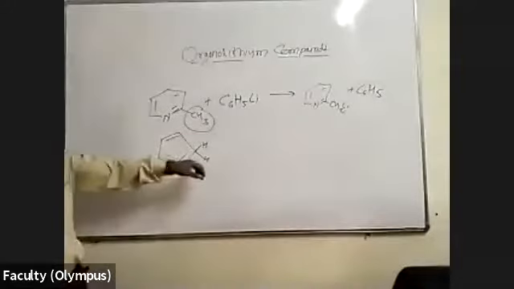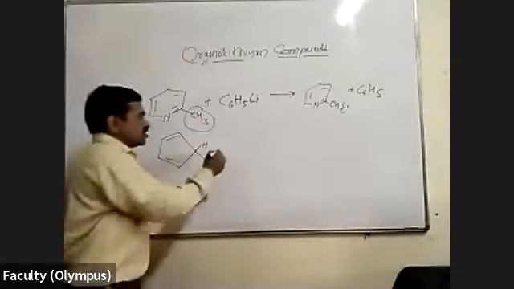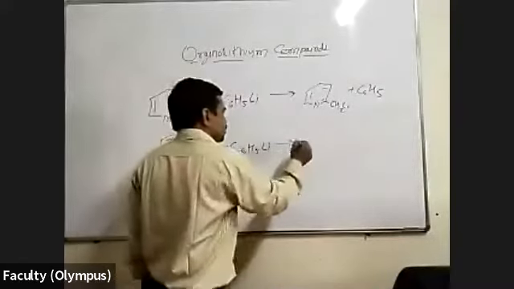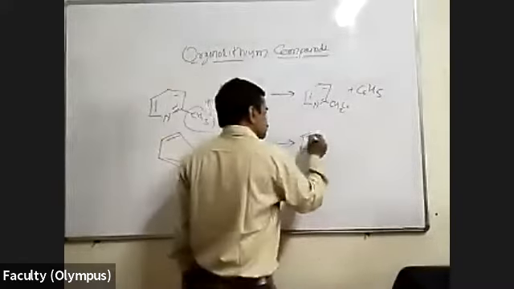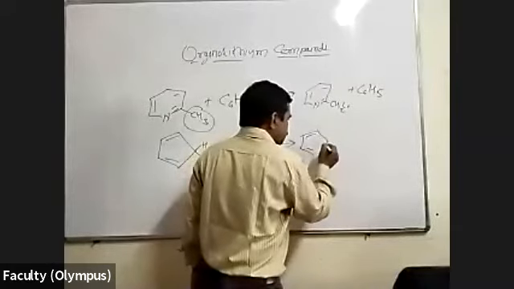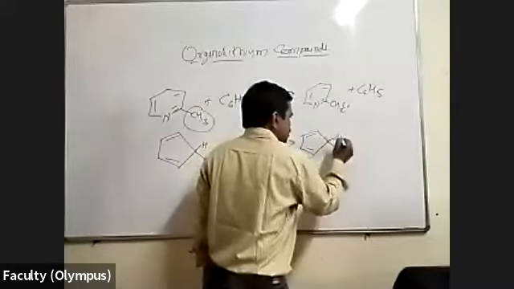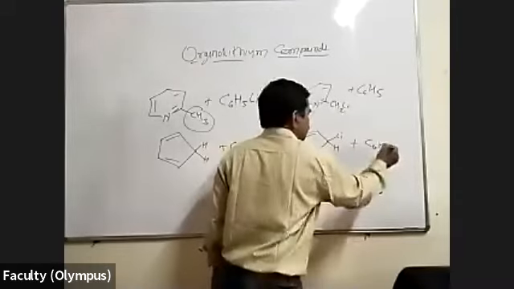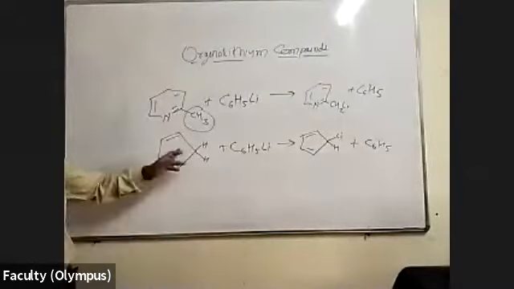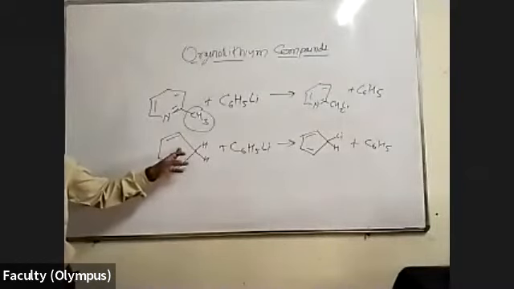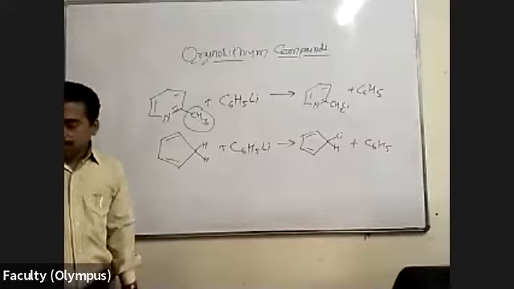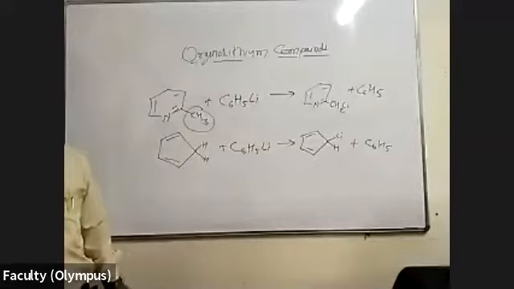When it is treated with phenyl lithium, C6H5Li, we get cyclopentadienyl lithium plus benzene. So we are metallating this group. So it is called metallation with phenyl lithium.